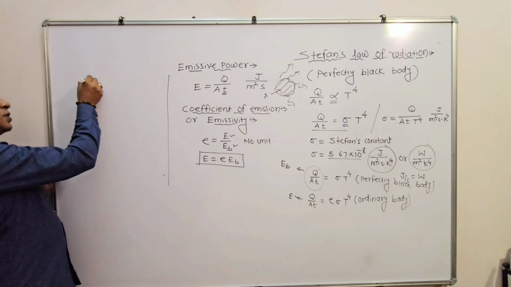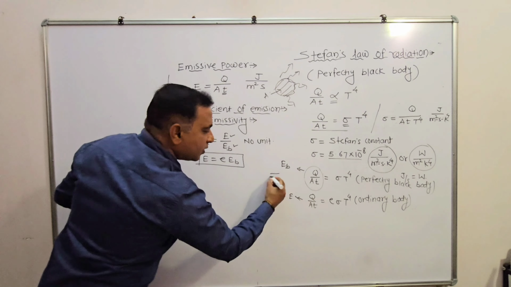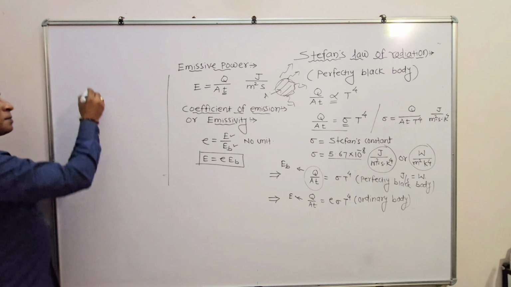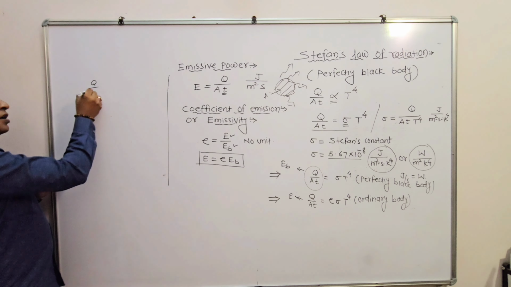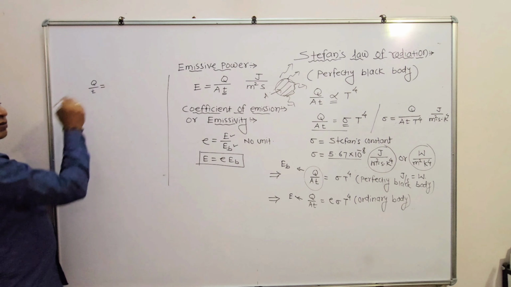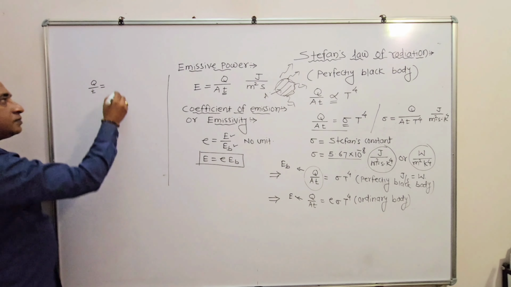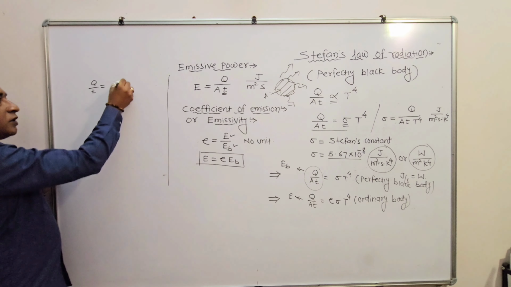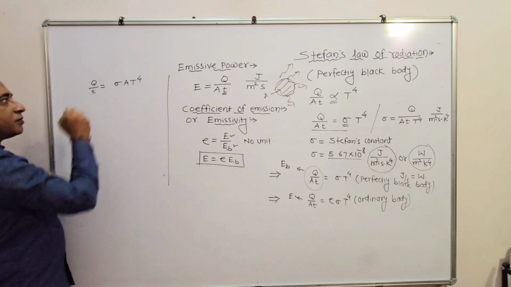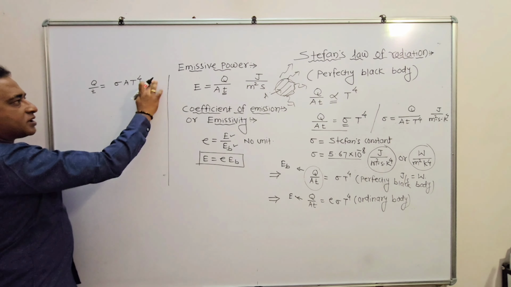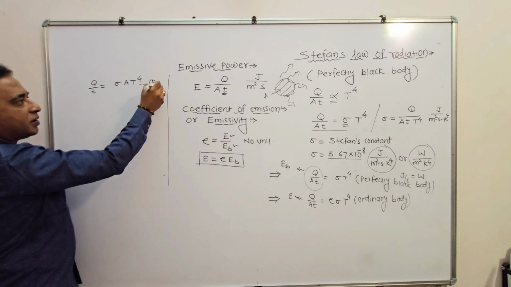As we know, for the perfectly black body and ordinary body, Q upon T is equal to, here only A which is absent is taken to the right hand side, sigma into A into T raised to power 4 for the perfectly black body.